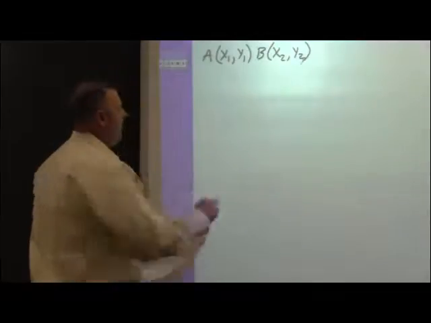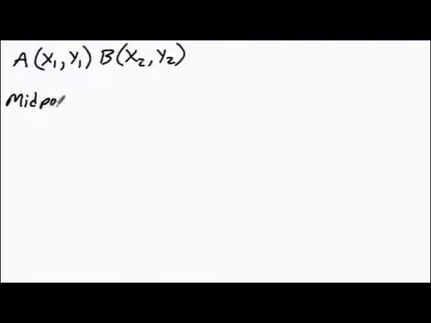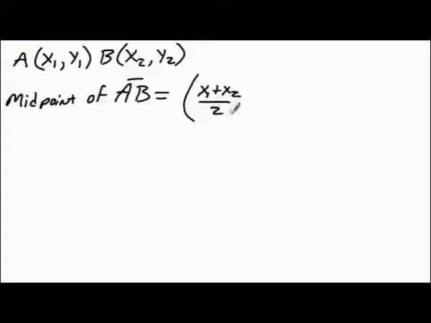Now what we're going to try and find is the midpoint of the segment AB. And the formula goes like this. It's going to be the ordered pair of x sub 1 plus x sub 2 over 2, comma. That's going to give you the x coordinate.